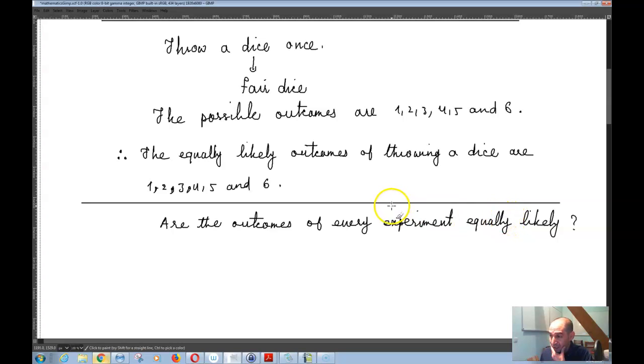Suppose that a bag contains 4 red balls and 1 blue ball, and you draw a ball without looking into the bag.